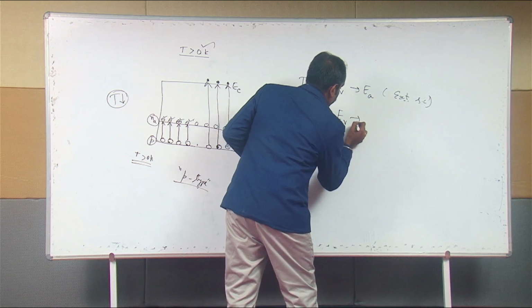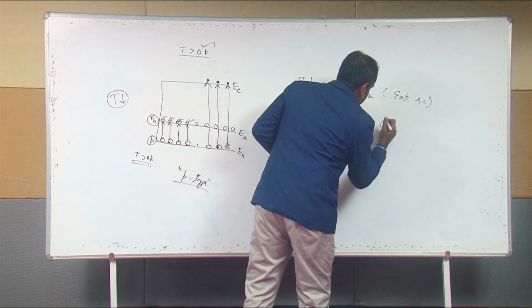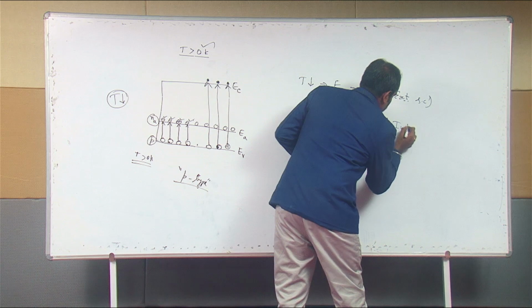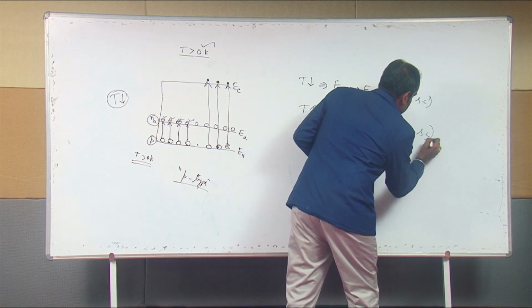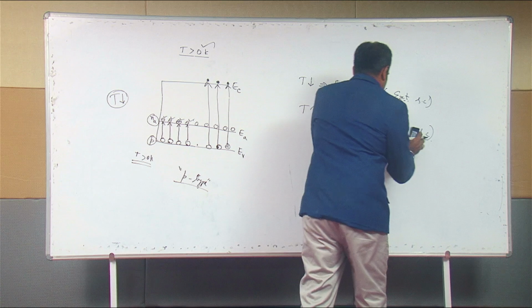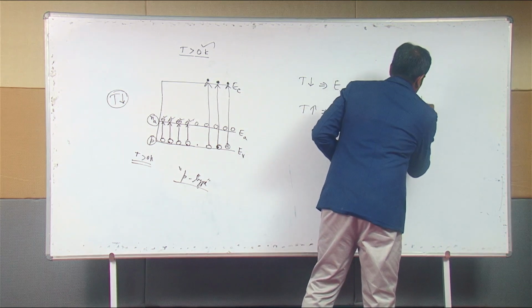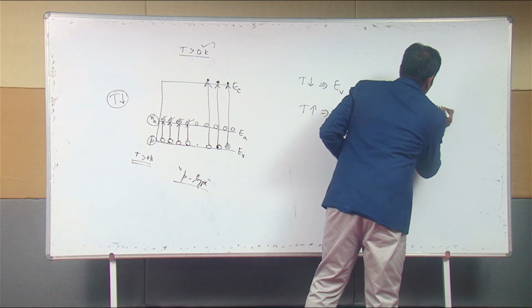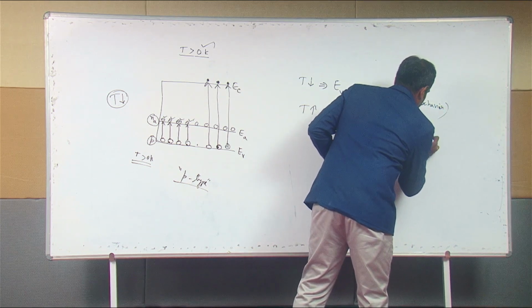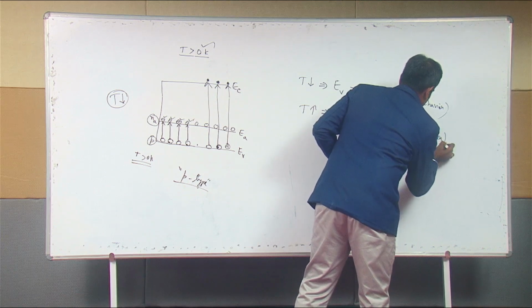Electrons move from the valence band to the conduction band, and we call this the intrinsic behavior. Extrinsic behavior and then intrinsic behavior.